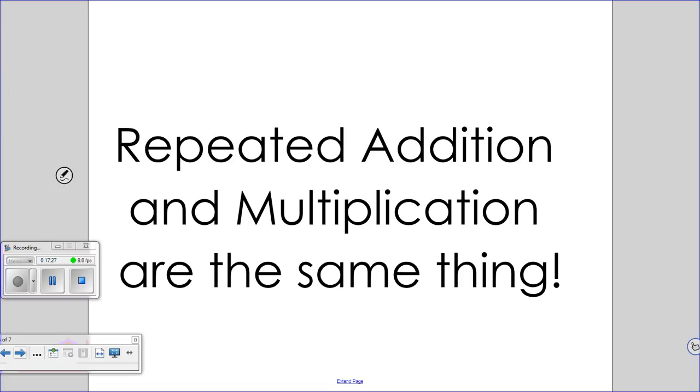They do the exact same thing. Can I do that? Yes. Excellent. I was just making it in capital letters like I have. But this is important information. Repeated addition and multiplication are doing the same thing.